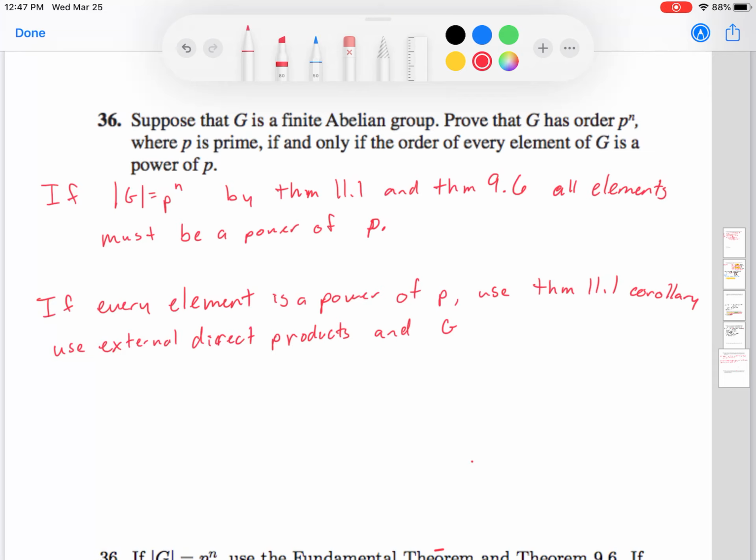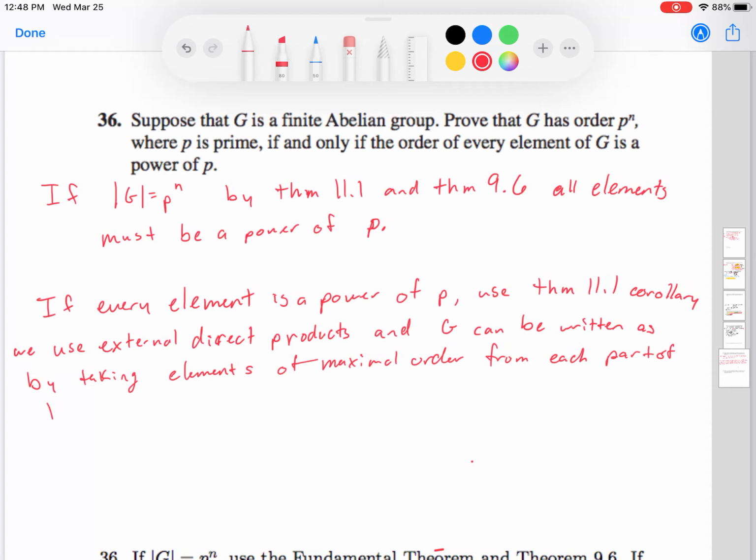So if every element is a power of p, use theorem 11.1 corollary. We use external direct products, and G can be written by taking elements of maximal order from each part of the external direct product.